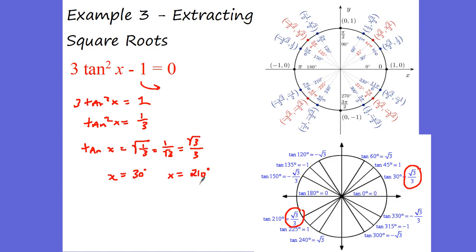And so we have 2 different angles, 30 degrees or pi over 6 and 210 degrees, which is 7 pi over 6, for where tangent can be root 3 over 3.